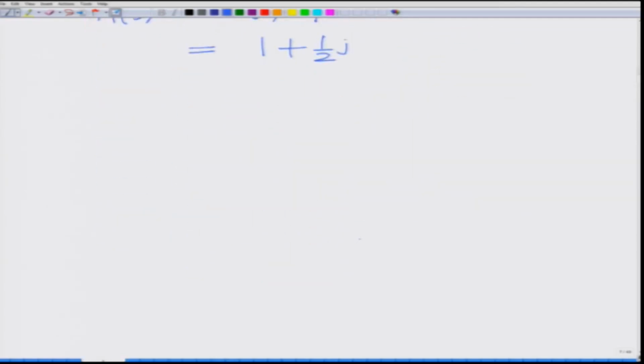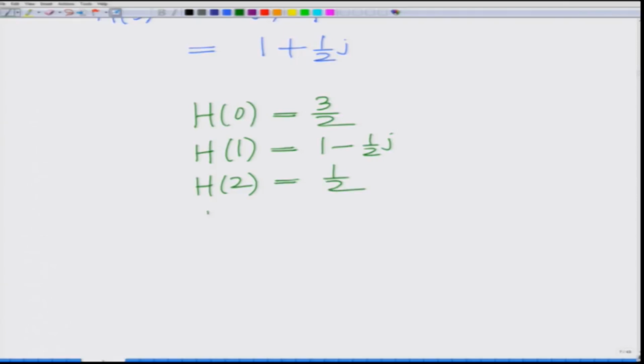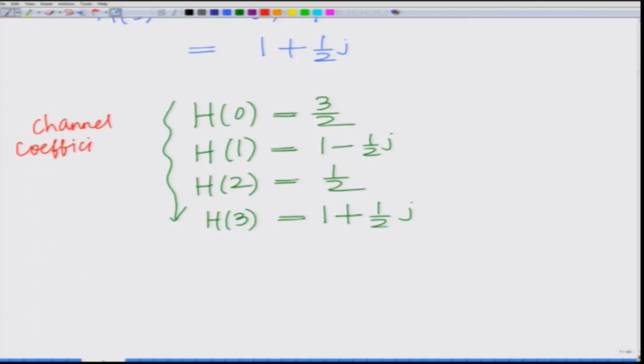Now writing all these explicitly once again: capital H0 equals 3 by 2, capital H1 equals 1 minus half j, capital H2 equals half, capital H3 equals 1 plus half j. So, these are the channel coefficients across the various subcarriers. Okay, so we have the capital Hs.